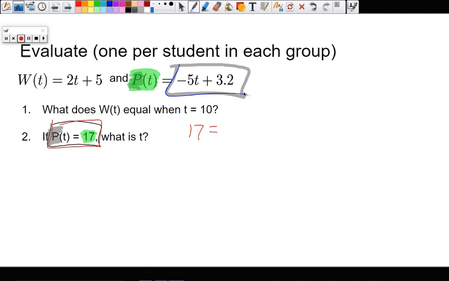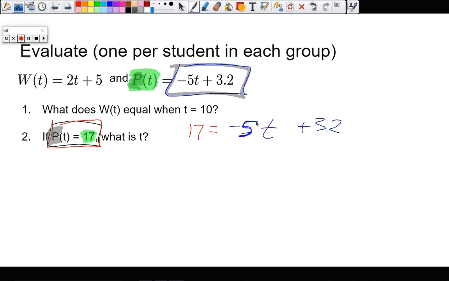We're copying this machine as -5 parentheses plus 3.2. And the reason we left that parentheses is that normally we would throw in an input value, right? But we're trying to solve for t. So we are going to put t right here and work backwards.